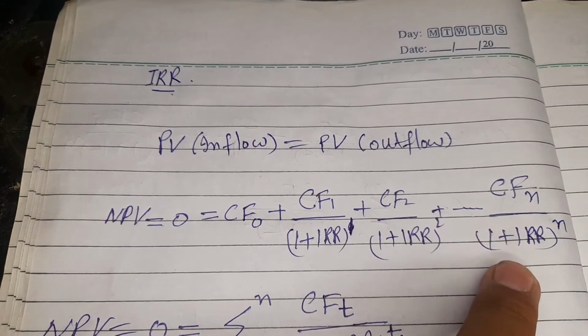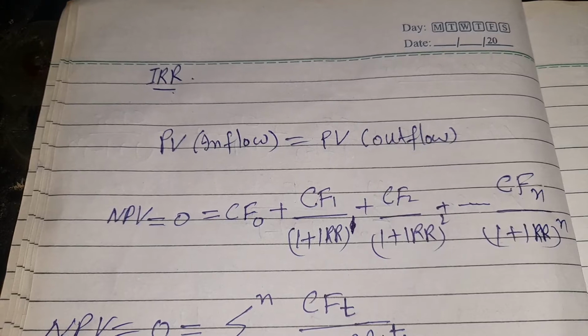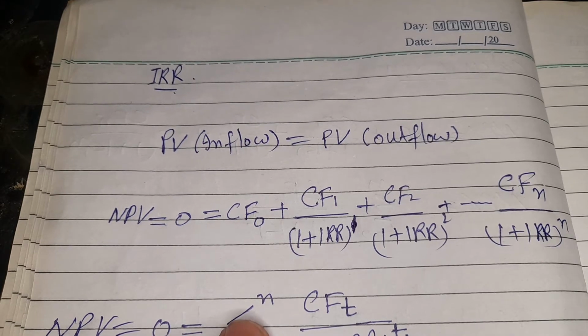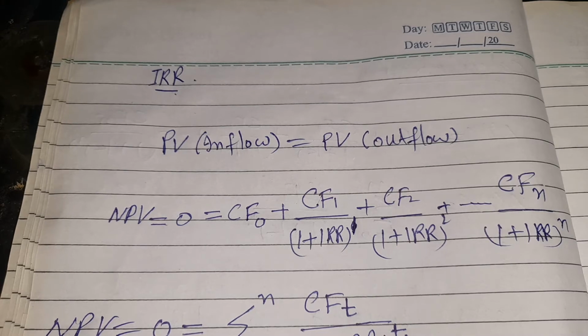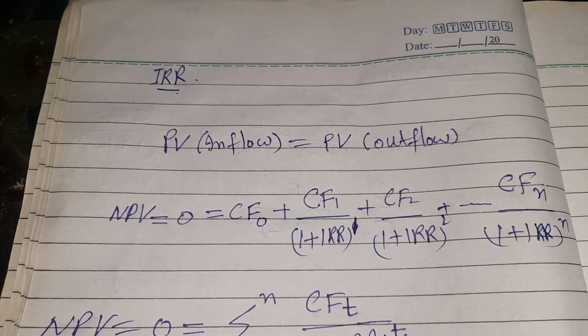Cash flow of nth year divided by 1 plus IRR to the power n. So NPV equals 0 equals the summation from 0 to n of cash flow divided by 1 plus IRR to the power t, where t is the number of periods.